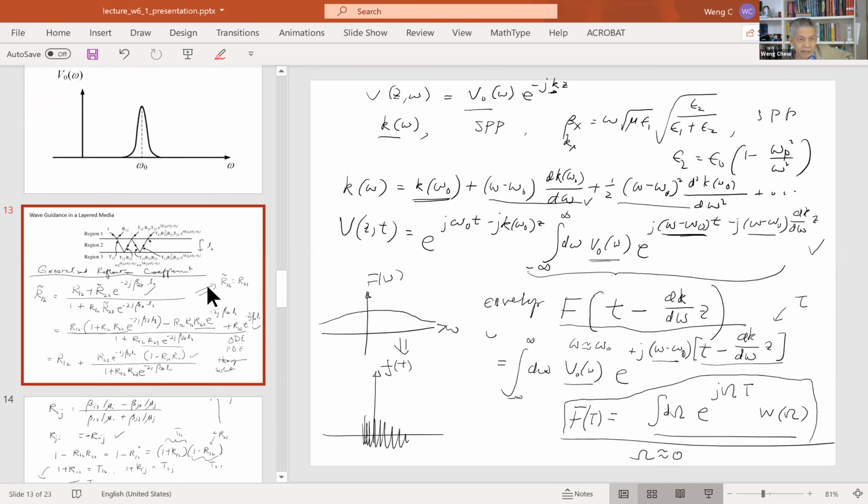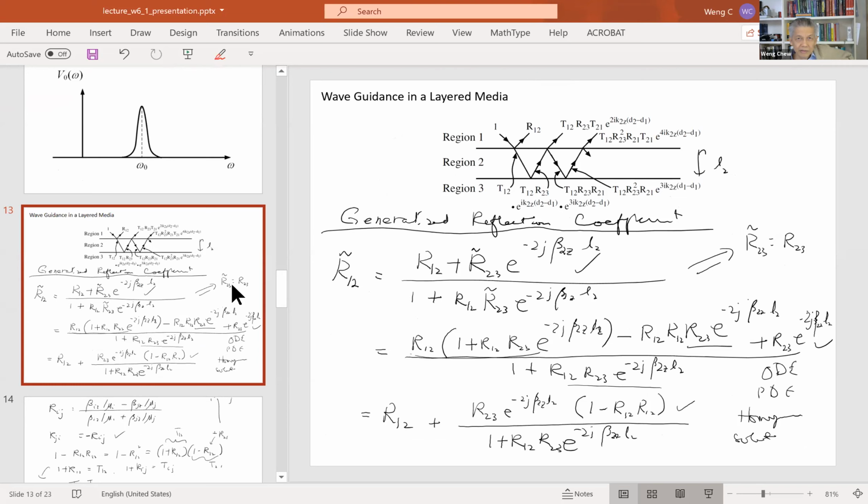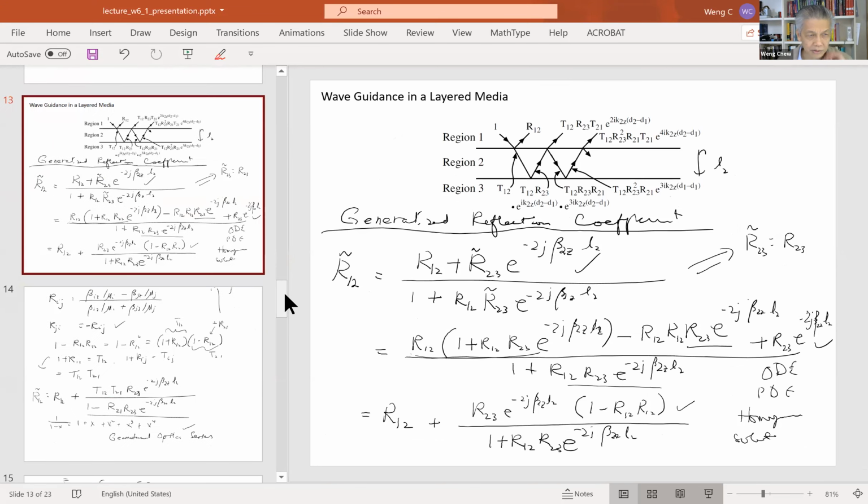And then we go about and study the waveguidance in a layered medium. We say that we can actually find a waveguide mode very easily by staring at the reflection coefficient. But the reflection coefficient has a lot of meaning, in the sense that if you were to expand this using some mathematical manipulation, which is too complicated for me to do slowly, so I did it very quickly.